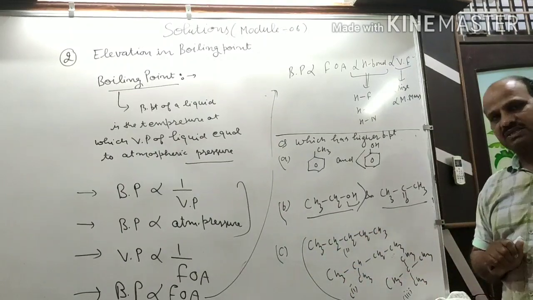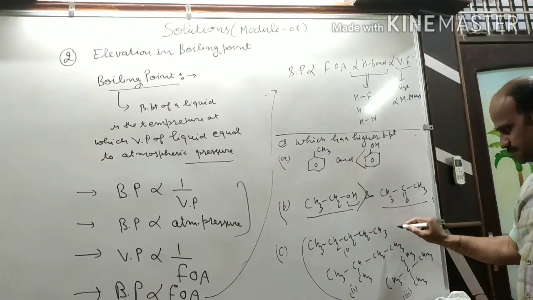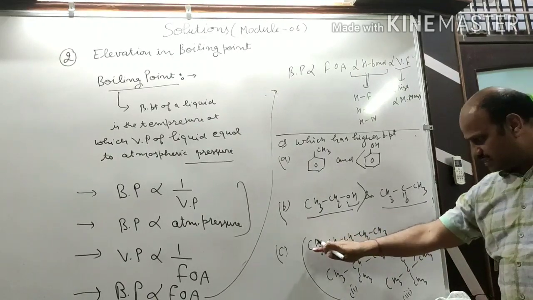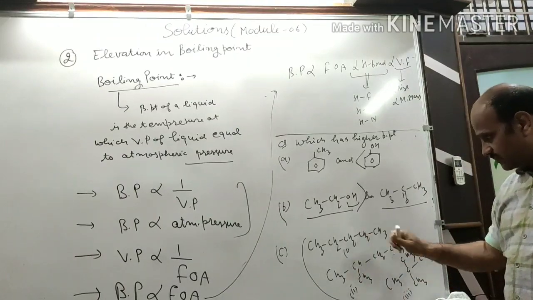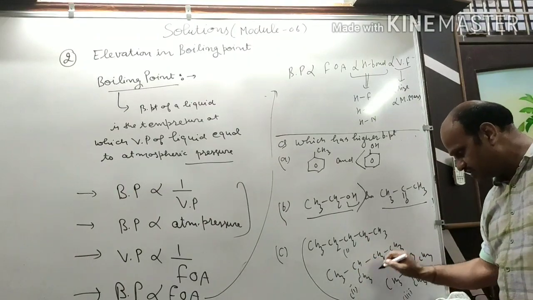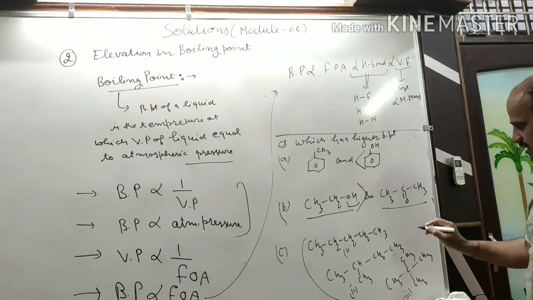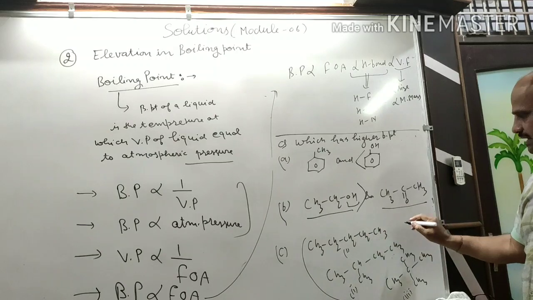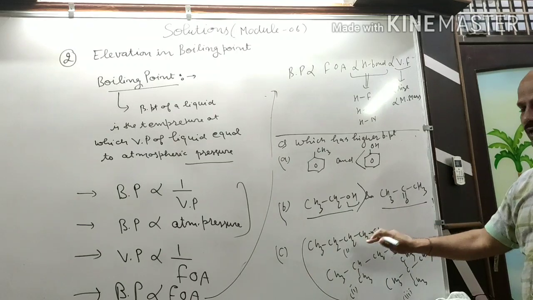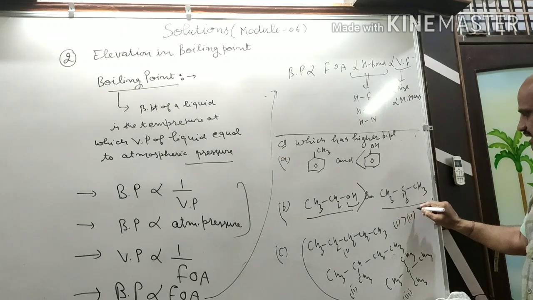Now see the size or surface area. This shows more surface area because it is a straight chain. Here this has less surface area in comparison to this because here is one branching. Here there are two branchings. On the basis of this, we say first has more force of attraction. That is why it has more boiling point. We can say first has higher boiling point than second, which in turn is higher than third.